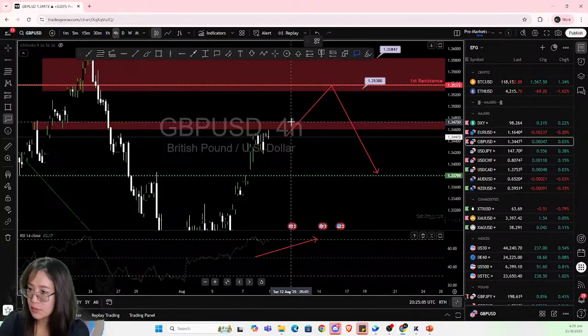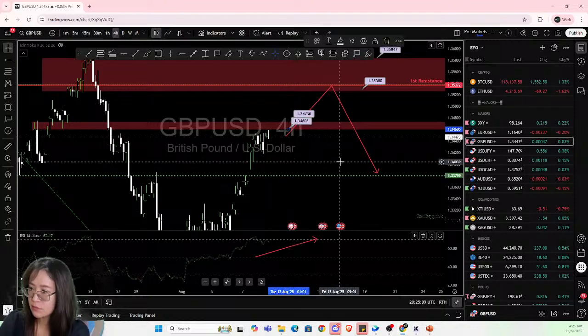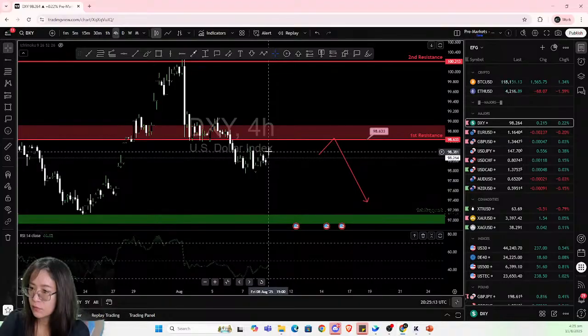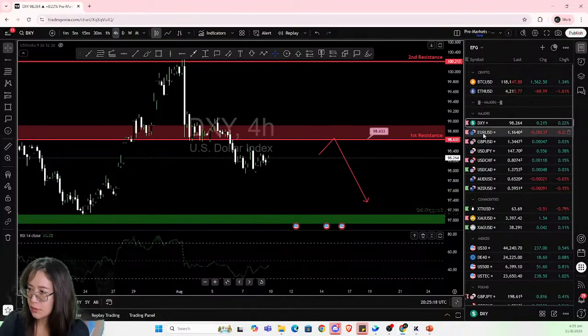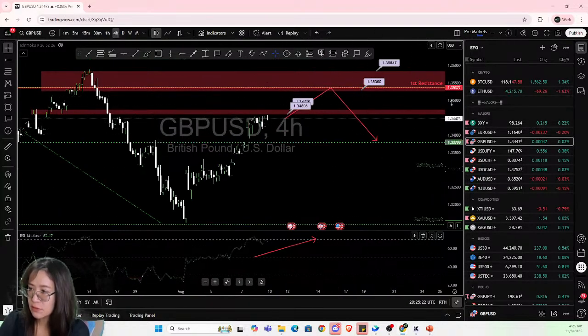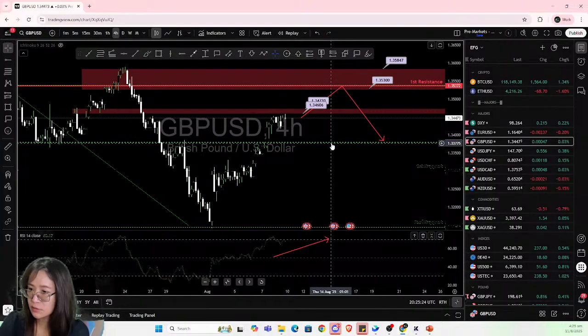If the GBP has the rejection from here, let me go back to dollar. In H4, the dollar hasn't reached the resistance. Yeah, so the further resistance is still the first sell zone that I'm looking at.